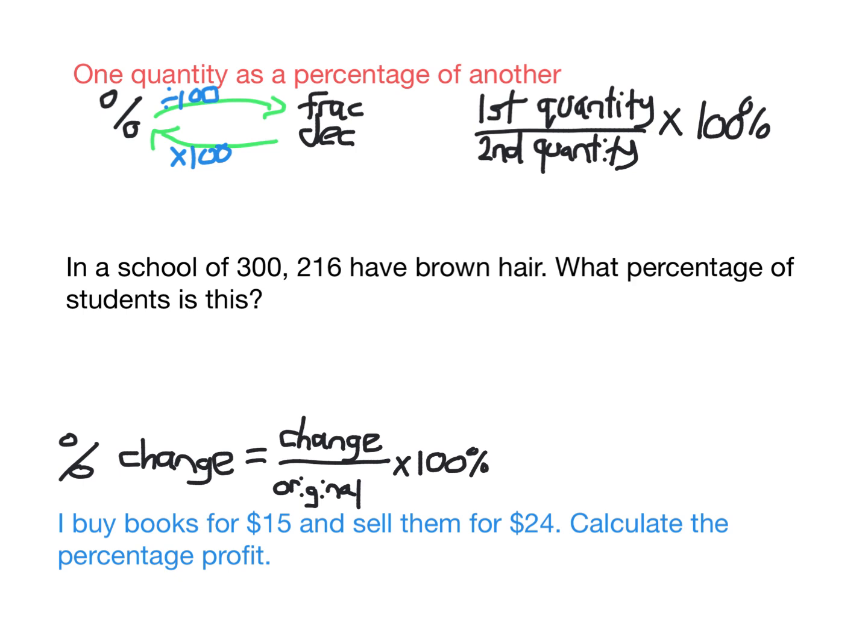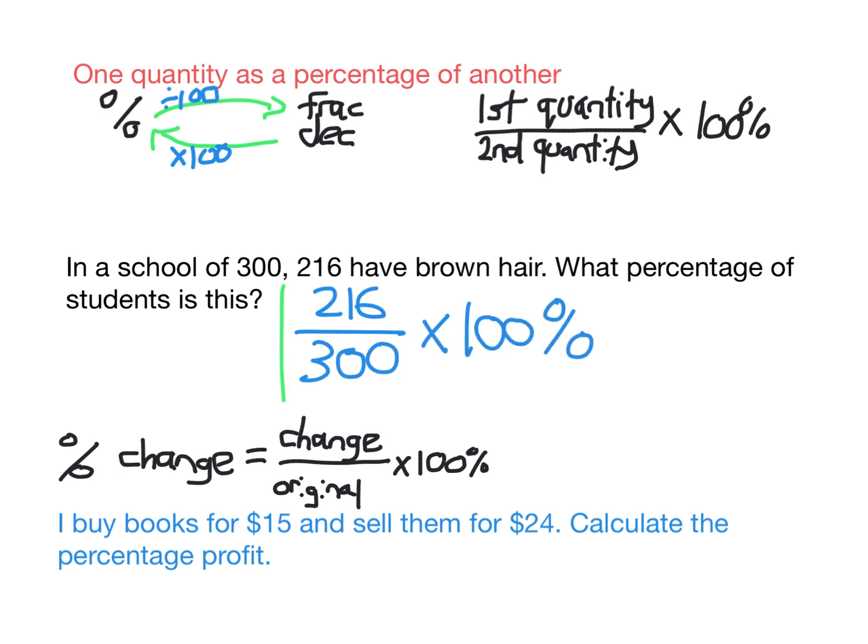So the fraction of students with brown hair is 216 out of 300, and the way we turn that into a percent is times by 100 and stick a percent sign on the end. So on your calculator, you just put this part without the percent sign, so that will give you 72, and you just write as a percent. So 216 per 300 is the same as 72 per 100.